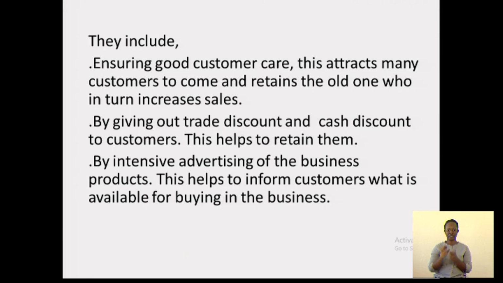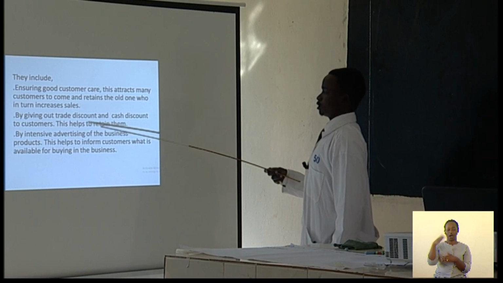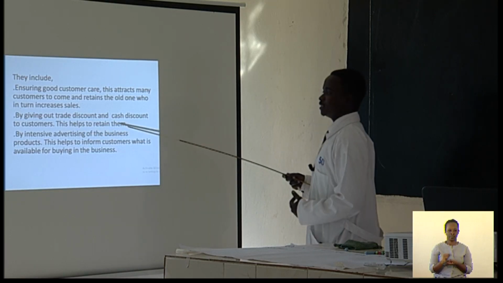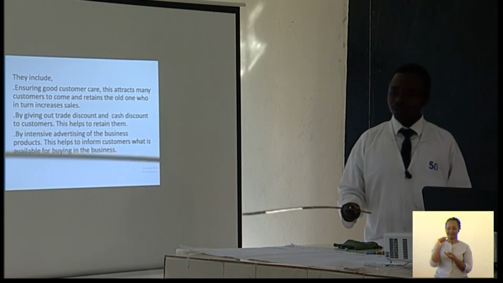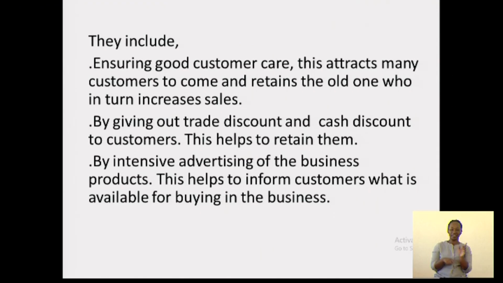Then we have giving out trade discount and cash discount to customers. This helps to retain them. What is a discount? A discount is a reduction in the original price of a commodity.